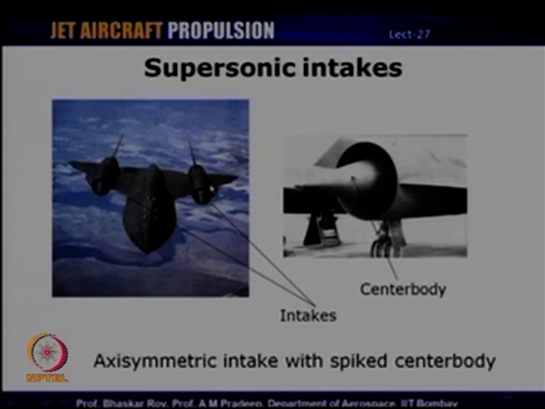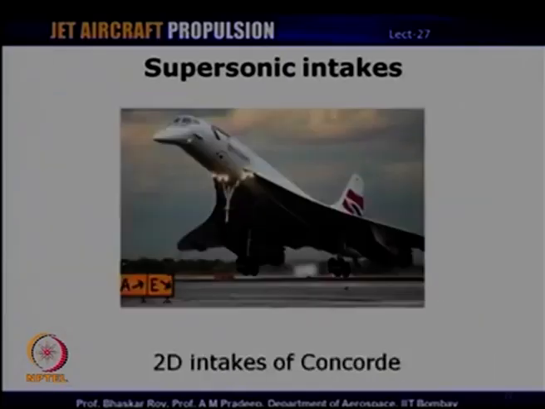These are supersonic intakes, and you can see there is a center body or a spike, and this fixes the location of the shocks. Most of the time the center body or spike location is variable, so that you can change the location of the shocks depending upon the operation itself.